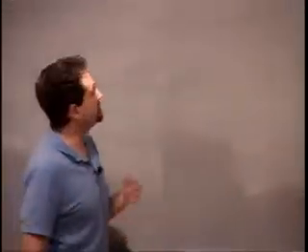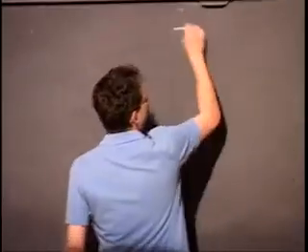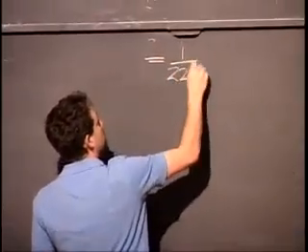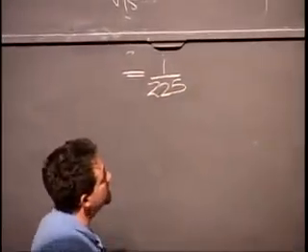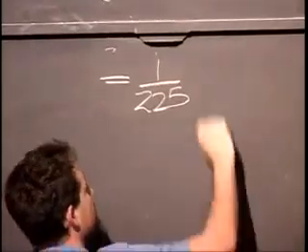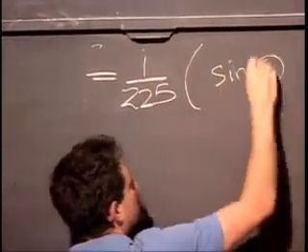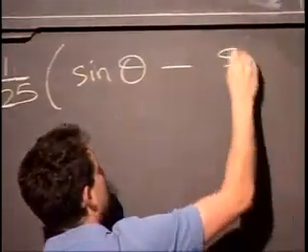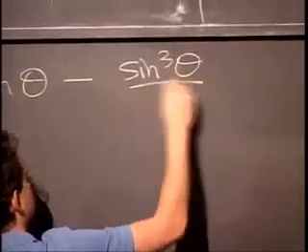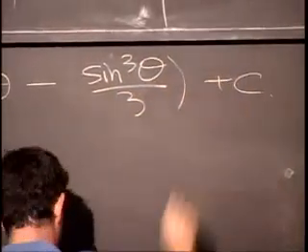All right. Now, we've got to untangle the variables. Moving over here to give myself a bit more room, we get 1 over 225. What is t? t is sine theta. So you get sine theta minus t cubed, sine cubed theta, over 3. That's a constant.